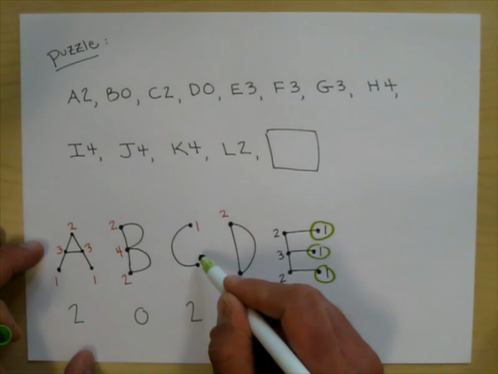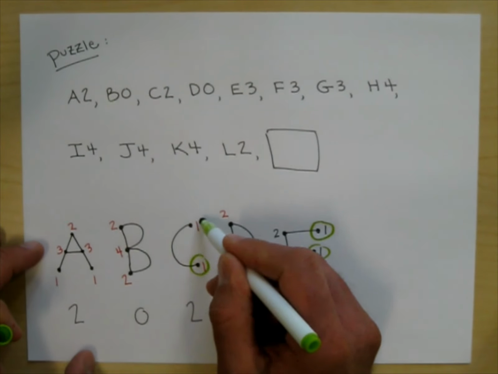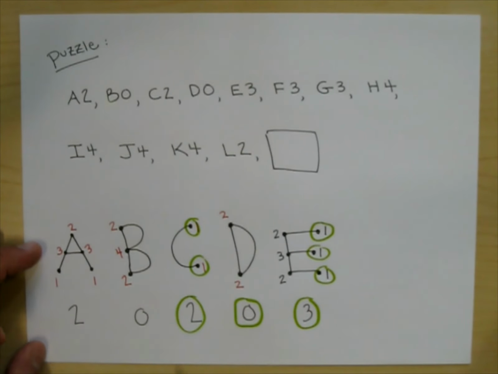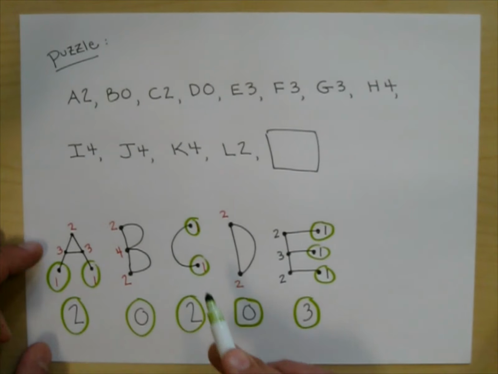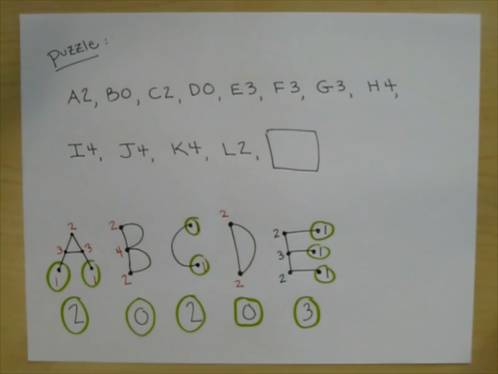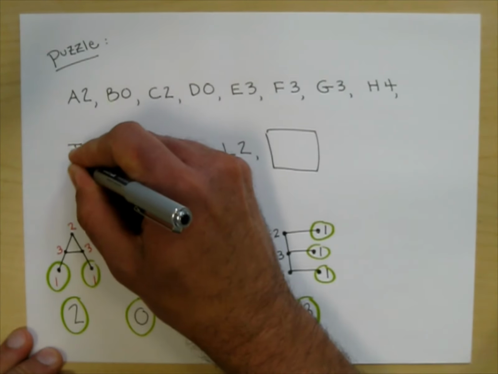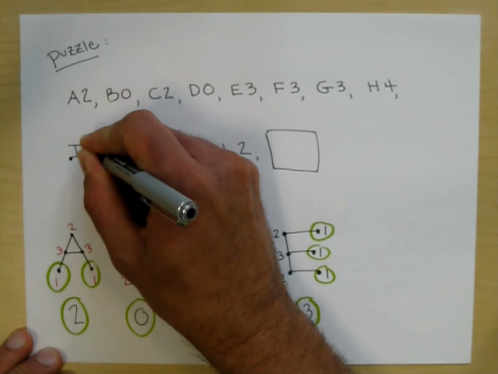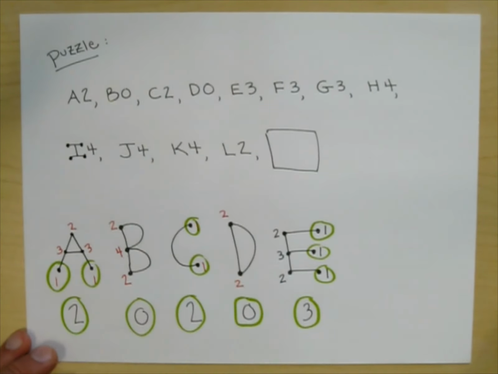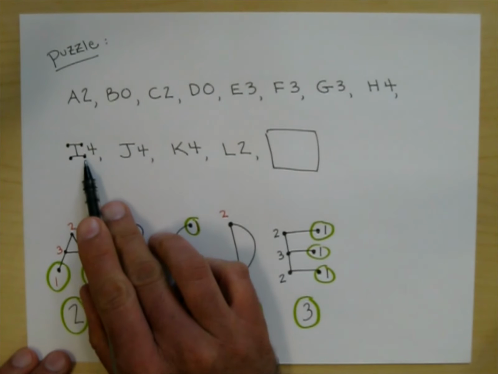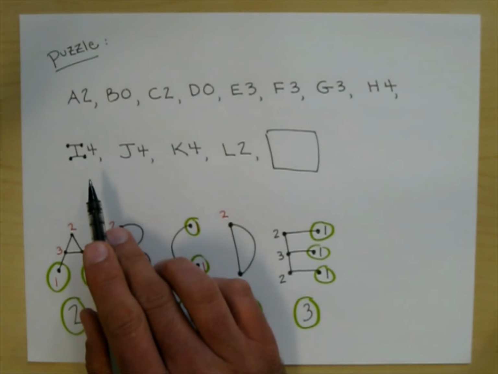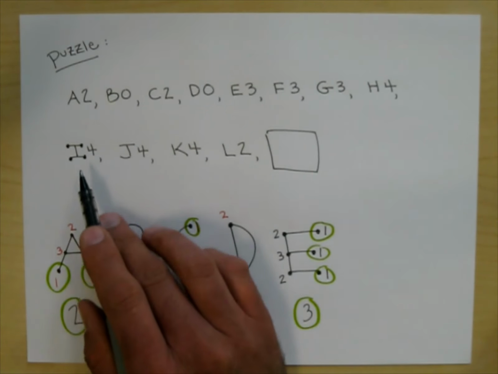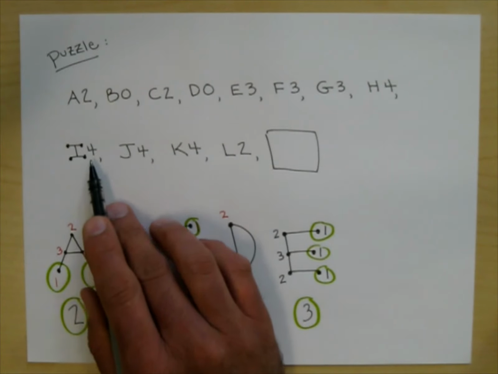Over here, look at this. 2 of them have the number 1, and here none of them had a 1, and then 2 of them here have 1. So if you're interested in the 4, look at the 4 like this one. There's a 1, there's a 1, there's a 1, there's a 1. So 4 of the vertices have a label of 1 on them. Or you can say there are 4 unattached endpoints on that.